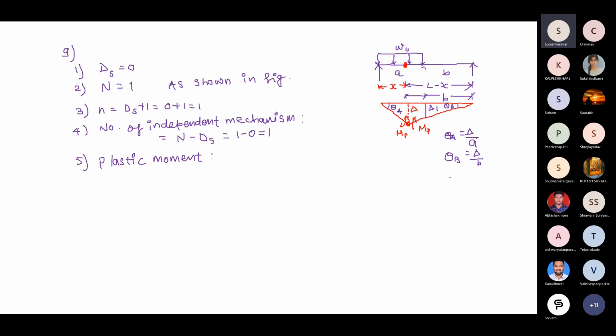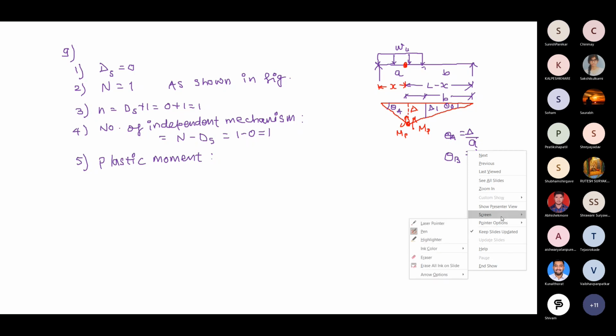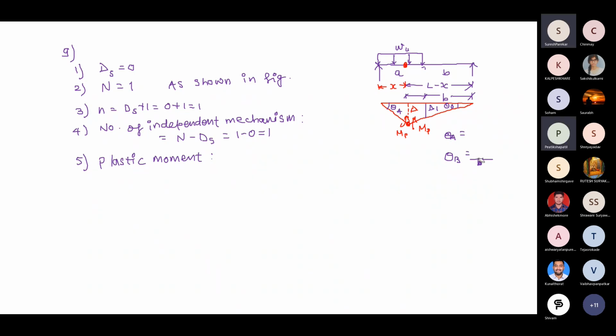But what will be delta 1? No, sorry. This will not be delta by b, and it will not be delta by a either. So what will theta a be? Delta by x.